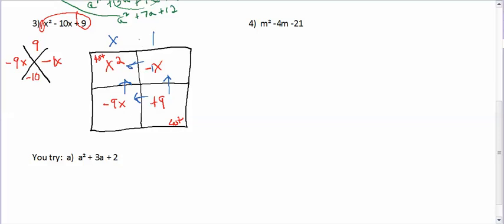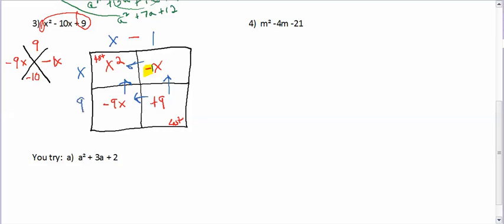Okay, what sign goes there? And again, it's right here, so it's going to be a negative. And now I'm going to go in this direction. What numbers do these have in common, or letters? It has an x. And what about these two? They both have a 9.